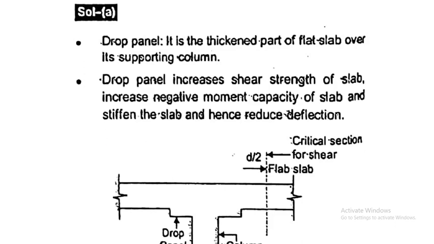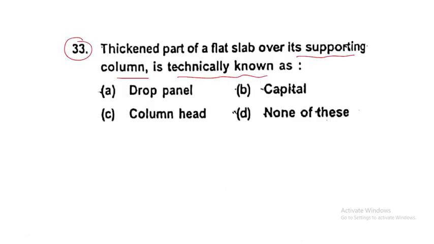Drop panel means it is a thickening. So it is the thickened part of the flat slab over its supporting column, which we call a drop panel. The drop panel increases the shear strength of the flat slab, increases the negative moment capacity of the slab, and stiffens the slab and hence reduces the deflection.